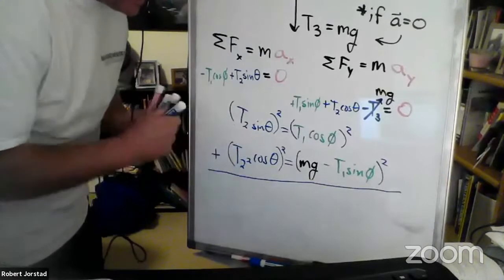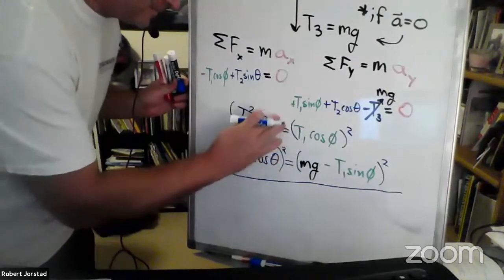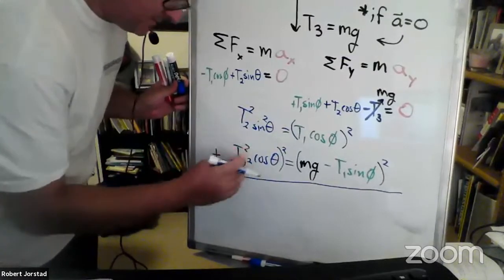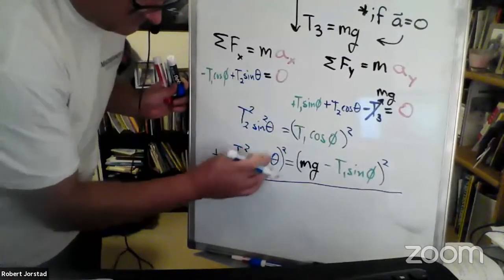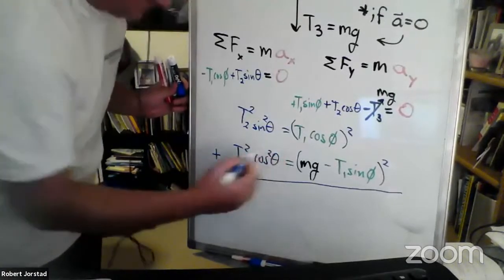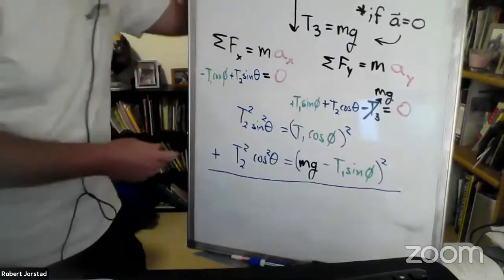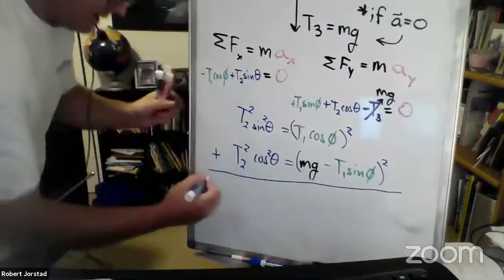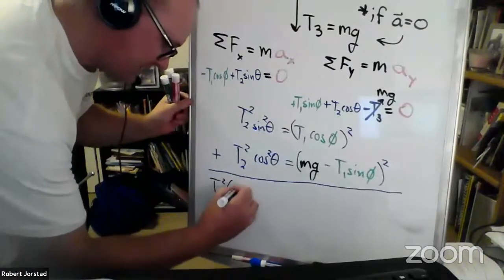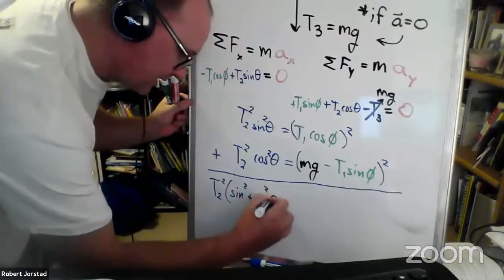If you square these, isn't this T2 squared sine squared, and T2 squared cosine squared? Well, that's the same thing as T2 squared times the quantity sine squared plus cosine squared theta.